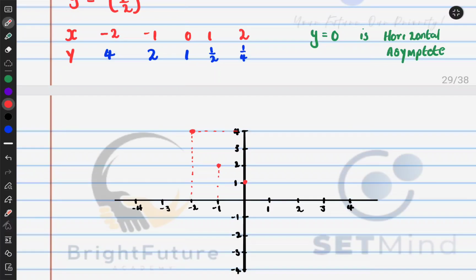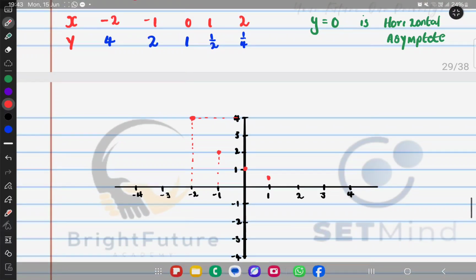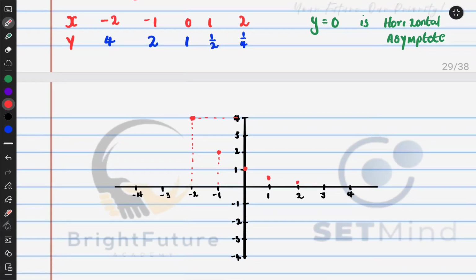And then for x equal to 0 it's 1, and for 1 it's 1/2, halfway there. And then for 2 it's a quarter, a half of a half. Once you have those, what you do next is join your points.